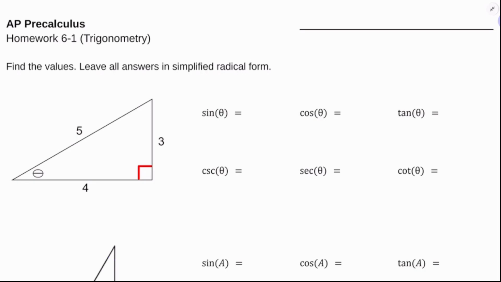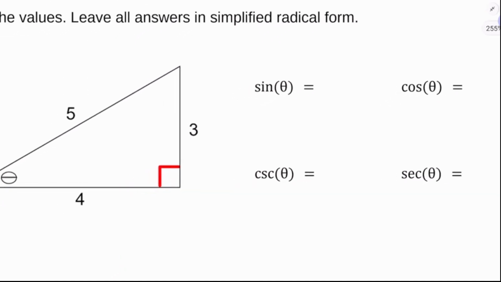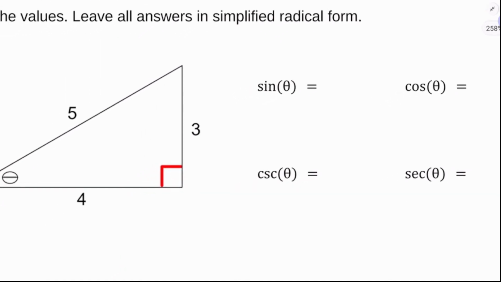Okay, so sine of theta, opposite over hypotenuse, right? And I think, maybe for just this one, I will write out SOHCAHTOA. Okay, so sine is going to be the ratio of opposite to hypotenuse.